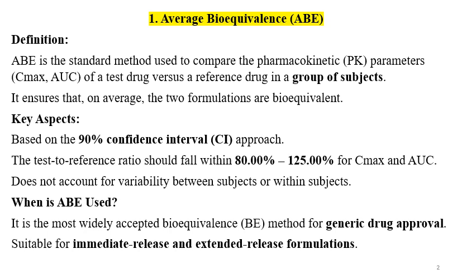It is done for various types of formulations, maybe immediate release or extended release formulations. These may involve crossover studies or parallel studies. So whenever you are coming across the bioequivalence requirement for generics, always consider that it will be an average bioequivalence study.